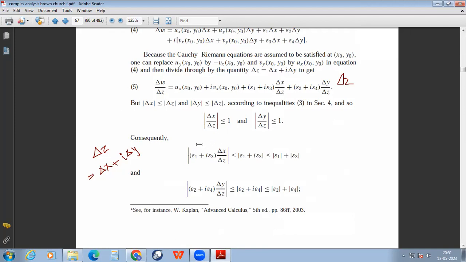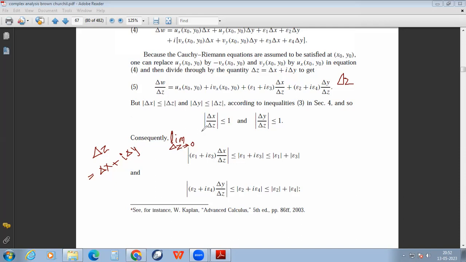So what we find here is the limit as delta z tends to 0. If delta z goes to 0, its real part will go to 0, imaginary part also will go to 0.